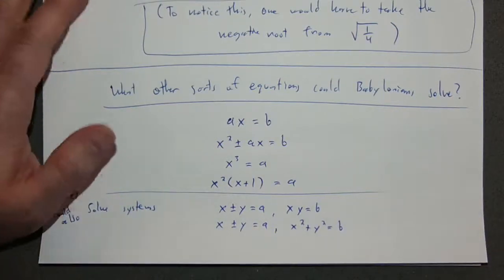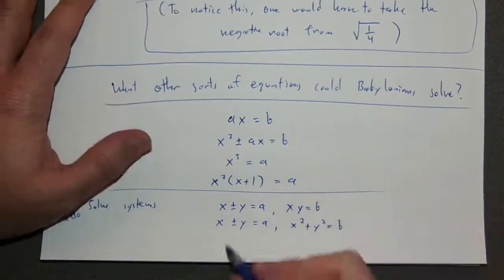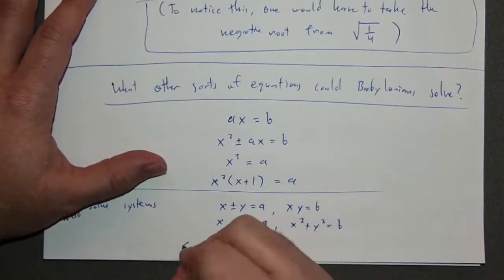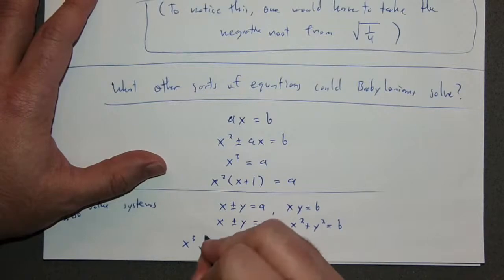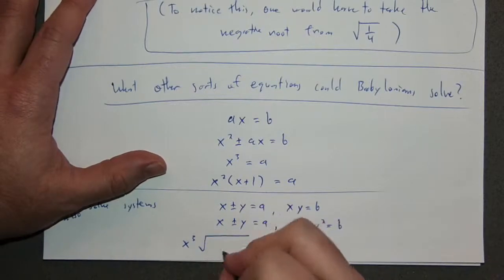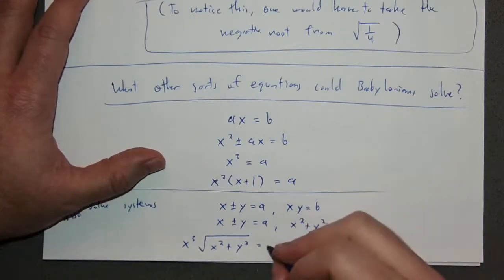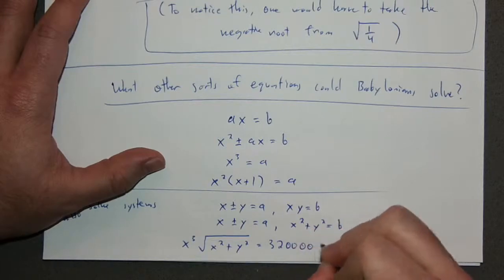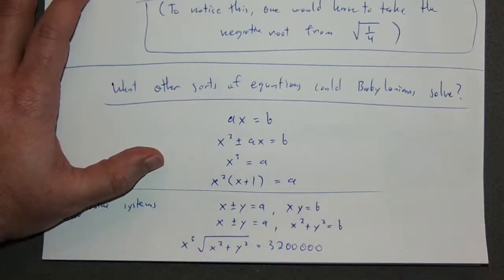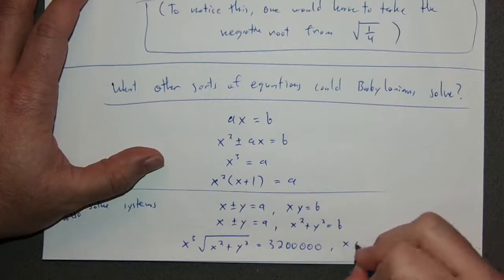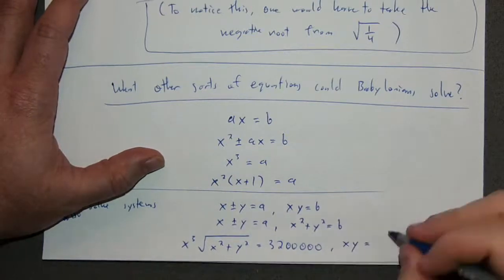And they could also solve a system of equations that looks like this. So x cubed times the square root of x squared plus y squared is equal to, this is a particular one that was actually solved, 3.2 million, and xy is equal to 1200.